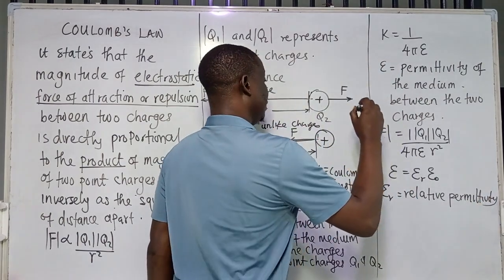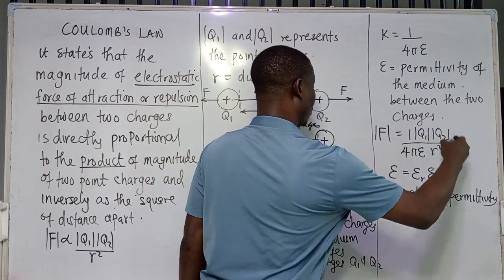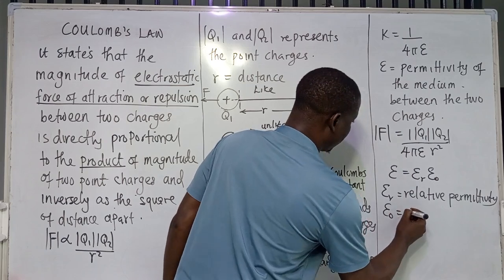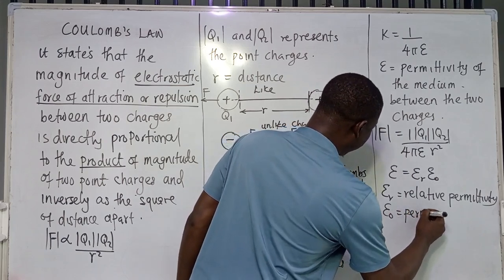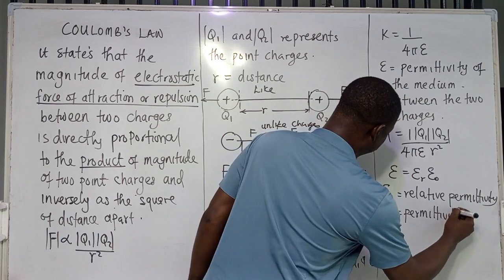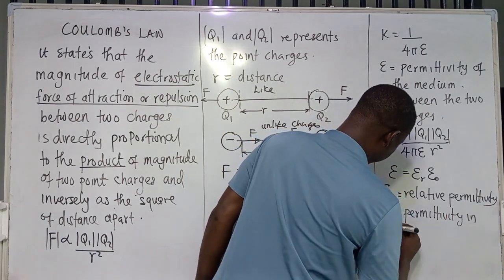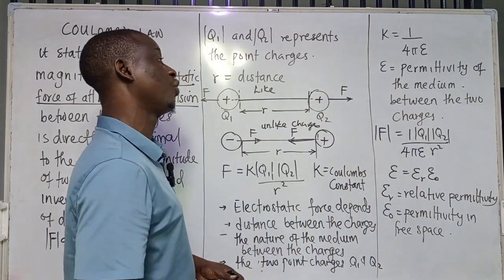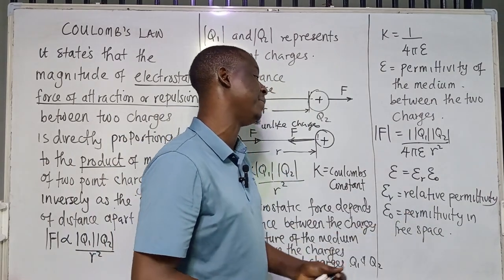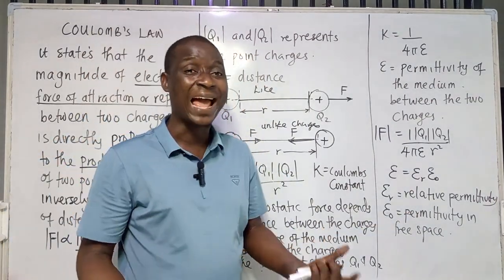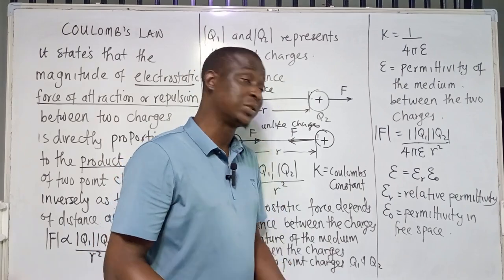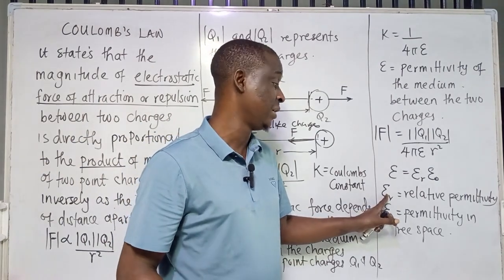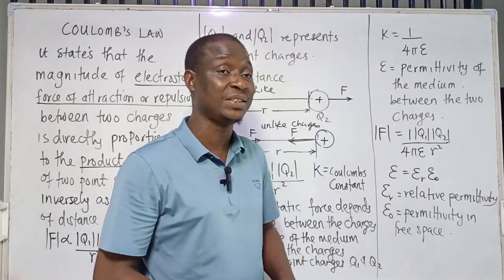I'm still going to talk about this formula, but take note. This one is the permittivity of free space. The relative permittivity does not have a unit. We can also call it the dielectric constant. Most of the materials that have this are insulating materials.